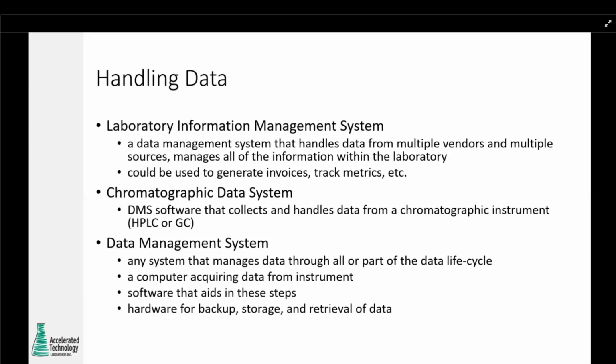Most organizations will have a variety of systems in place to ensure data quality.